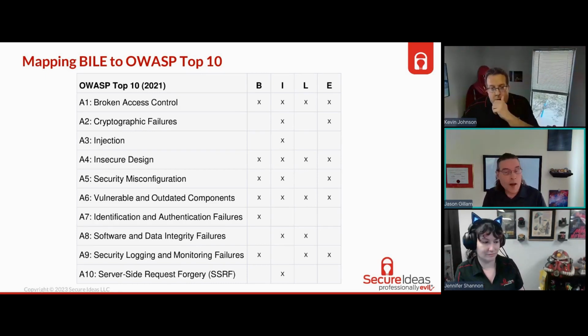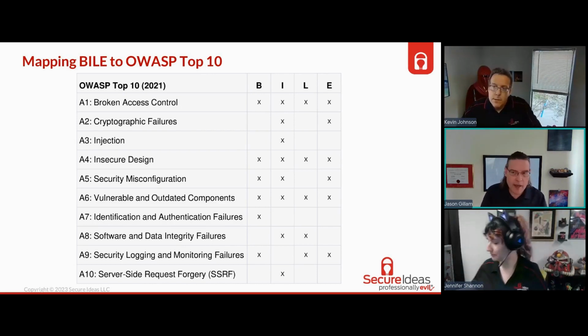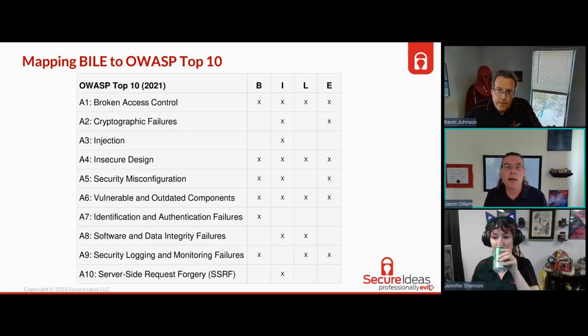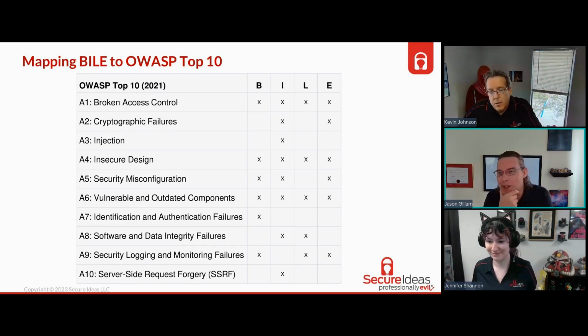These are the top 10 vulnerabilities in recent years. That's what it's meant to cover. So anything from the OWASP Top 10 will easily fit into one or more of the BILE categories, depending on what made up that particular vulnerability. I don't know if that answers the question, but that's the relationship as I see it.